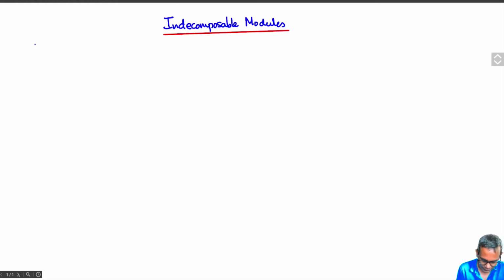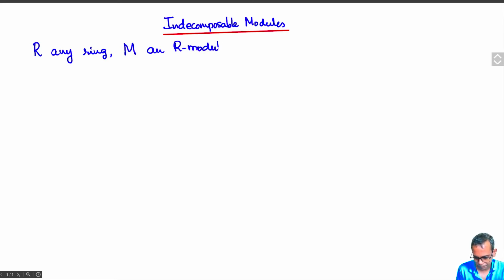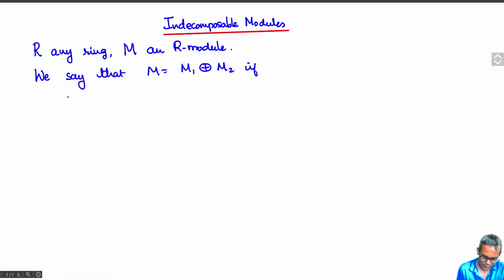So let R be any ring, M an R module. Okay, so we say that M is equal to M1 direct sum M2 if the following conditions are satisfied.